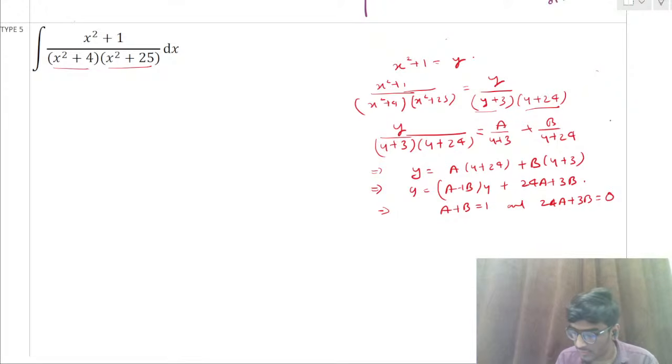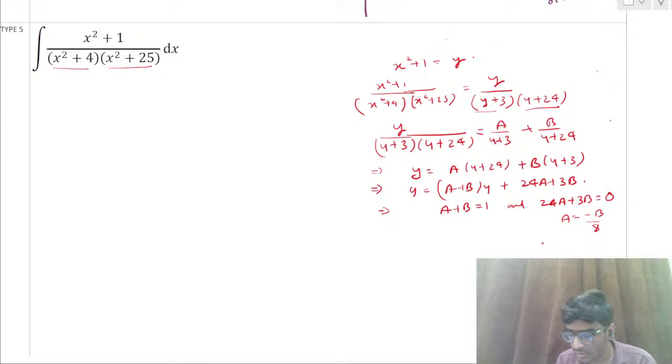So what will we get? We can write a is equal to minus b upon 8. Now what do we get here?